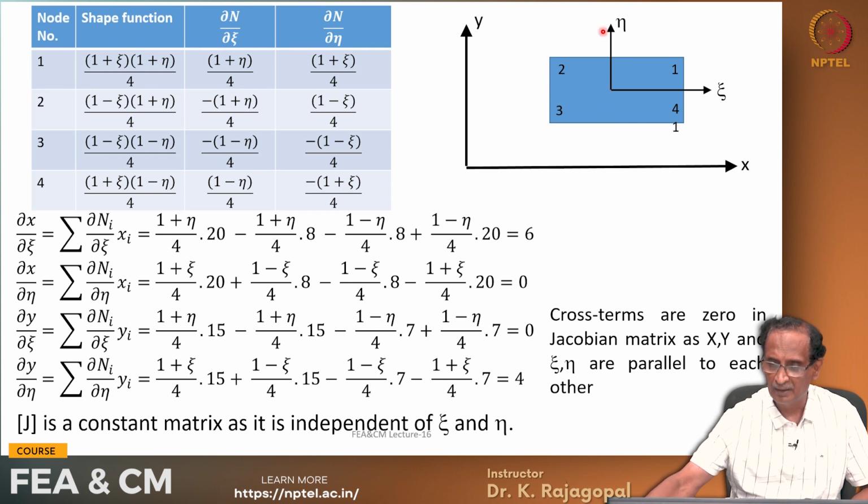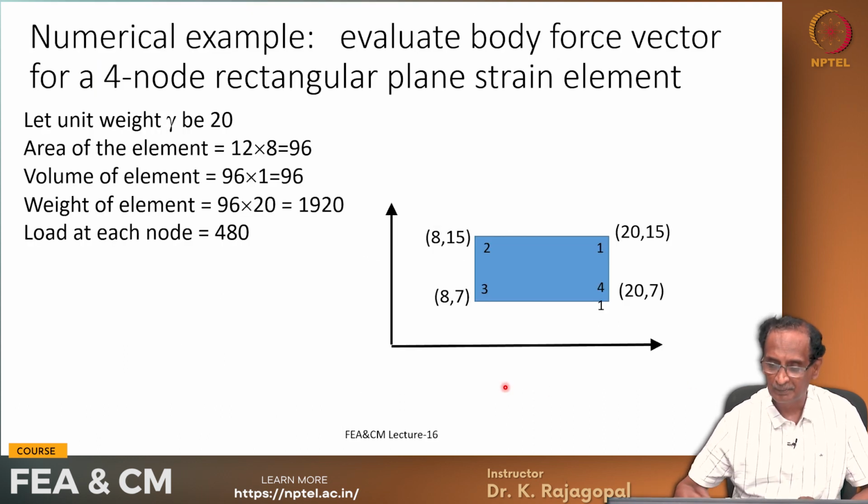So, our xi and eta are going to be oriented towards the length and height of the element, and as you are moving along eta, your x is going to remain constant. So our ∂x/∂eta is 0, and as you are moving along xi, y is constant, so ∂y/∂xi is 0, and then ∂x/∂xi is 6 and ∂y/∂eta is 4, and you can relate them to the length of the element.